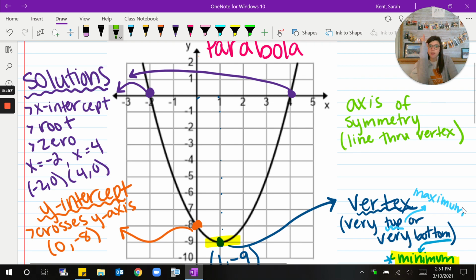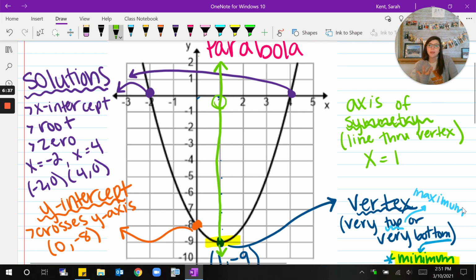So it's always going to be a vertical line that goes through my vertex. So here that's going to go up, it's going to go down. And how I would write this axis of symmetry is I would write it as an equation. So it's always going to be x equals, because it's a vertical line, so that's thinking back to HOY VUX, vertical lines are x equals. And when I look, it crosses over 1. So that equation would be x equals 1.